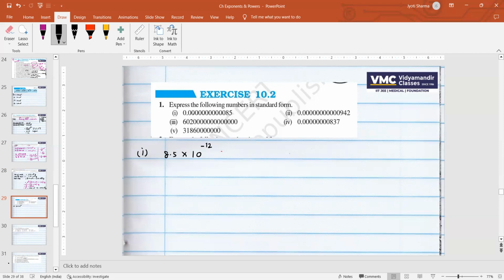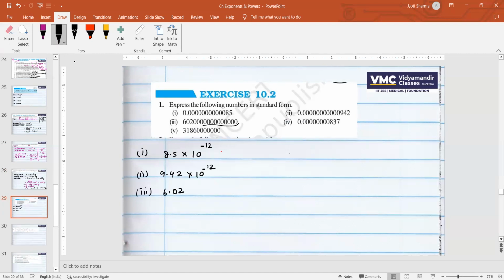I hope it is clear. Then the second part is 9.42 into 10 to the power. Again, it will be negative. It will be 1, 2, 3, 4, 5, 6, 7, 8, 9, 10, 11, 12. So this is again 12. Third part, 6.02.